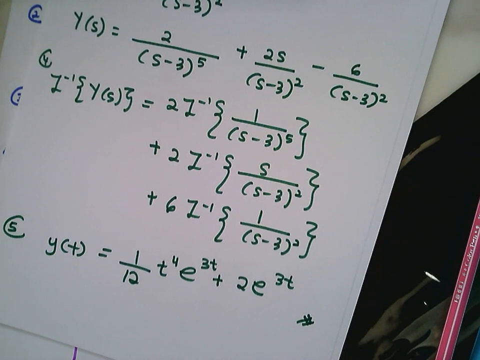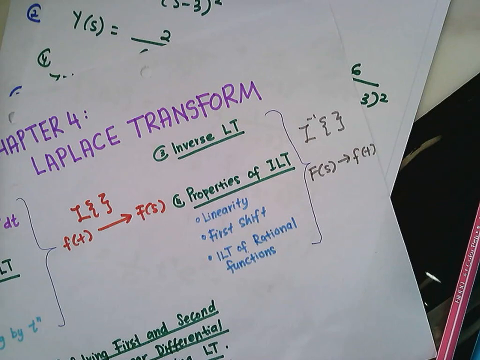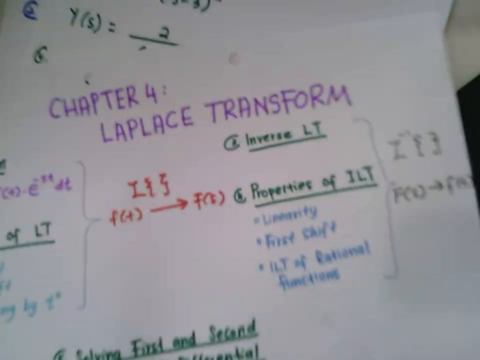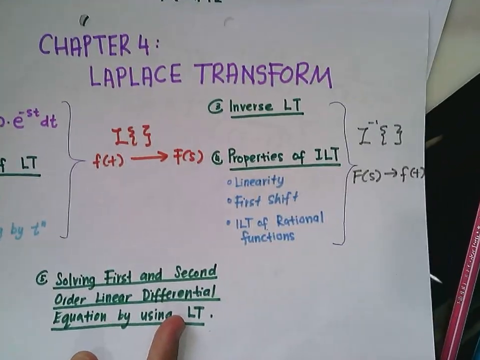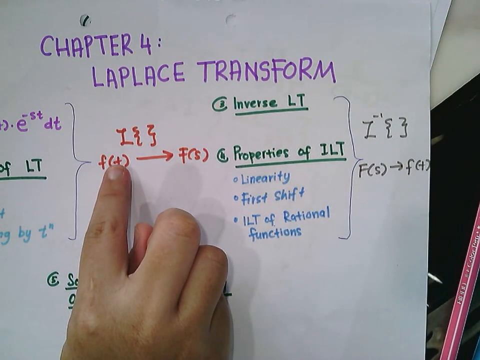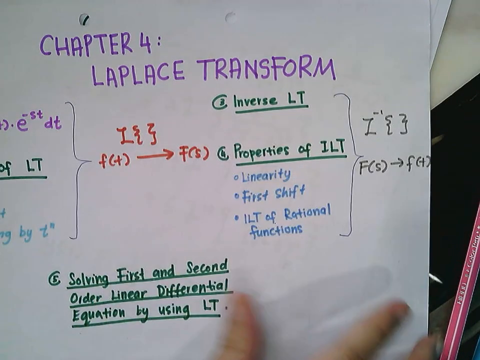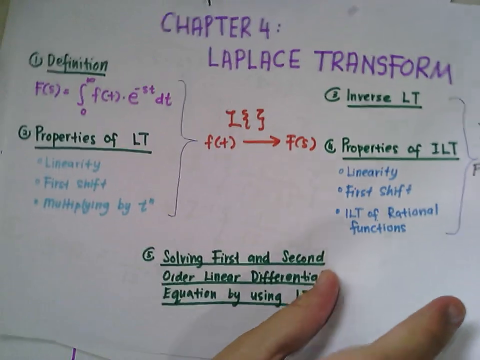So basically we are done with chapter 4. Let us recall what we have learned in this chapter. The first part is I taught you how to get the Laplace from ft to get your Fs by using Laplace transform, and we also learned the properties.